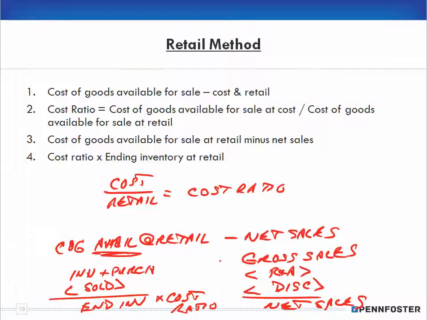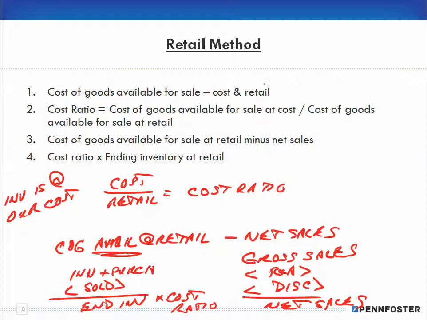Now, that's in order to estimate my ending inventory, because remember, we're talking about this from a retail perspective. When we're talking about inventory, we're talking about our cost, right? Inventory, I should have written that differently, is at our cost.